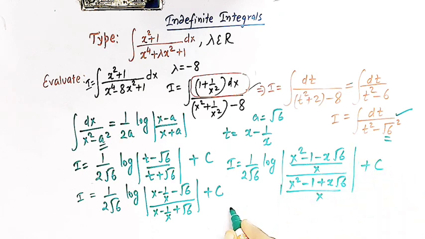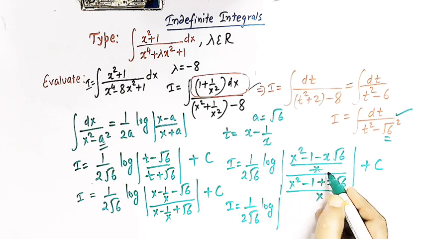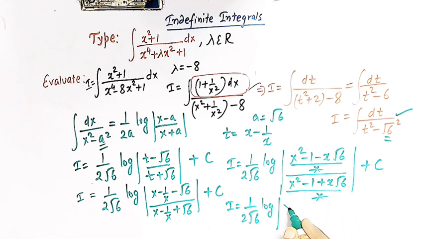And now we can rewrite it as 1 over 2 times square root of 6, and we have log, and here x and x get cancelled, so we have (x square minus x root 6 minus 1) divided by (x square plus x root 6 minus 1), and c is the constant of integration.